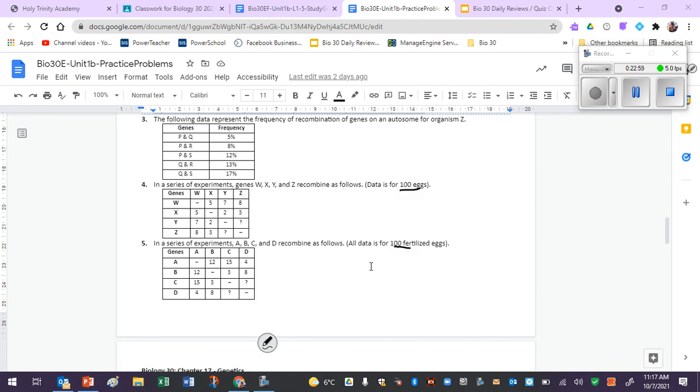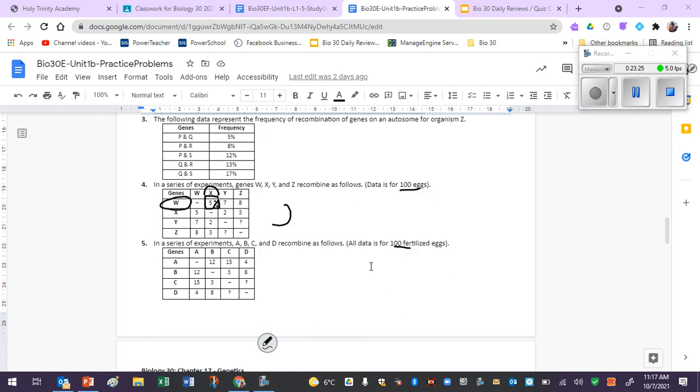So where it says a 5 here, it means 5 out of 100, so it really means 5%. The way I would interpret that 5, because it's in the box where X and W meet, that means there was 5% recombination between X and W. So it's giving you the same information, it just looks a little different. So that's how you interpret 4 and 5.